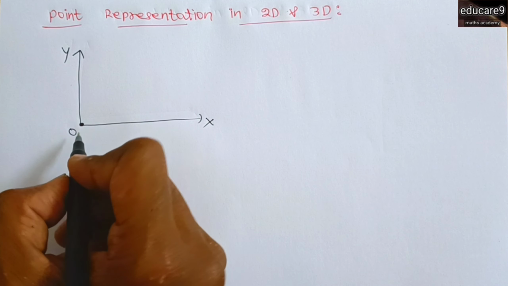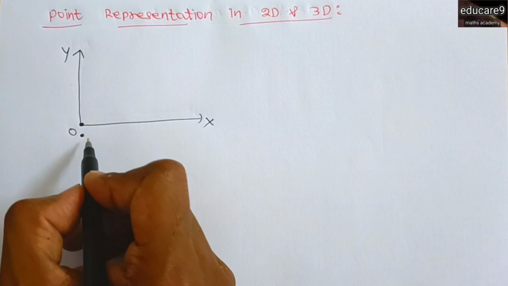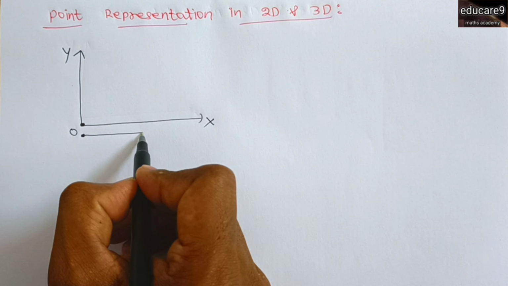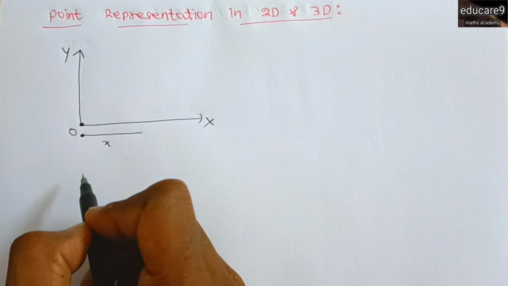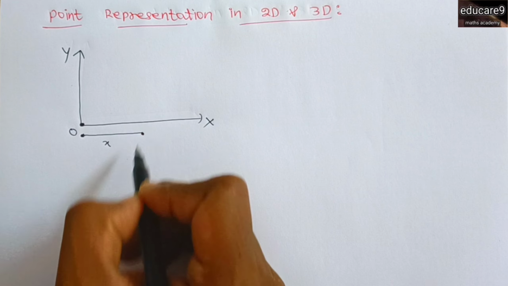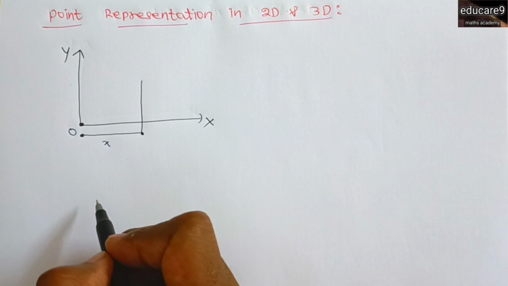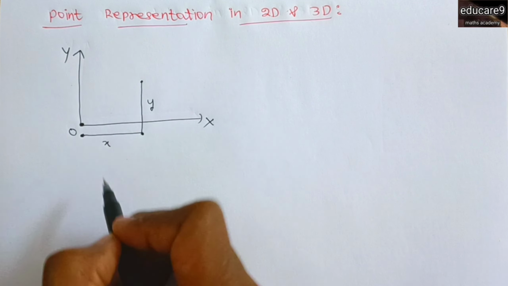For example, a person starts at point O. He moves parallel to the x-axis at some distance x, and again he starts from here. He moves parallel to the y-axis. This distance is some y.